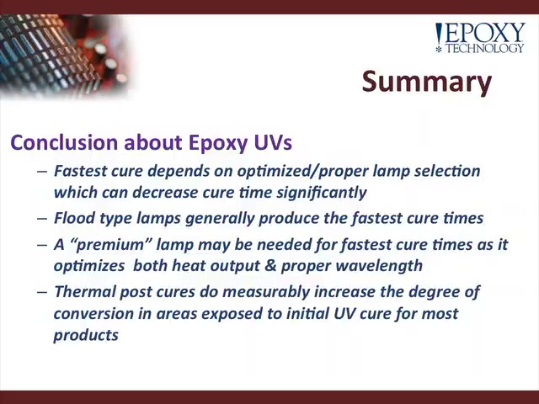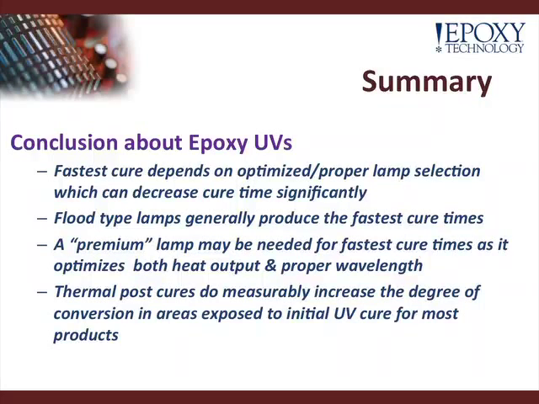On to our conclusions. Jumping back to the UV epoxies, the fastest cures come from the best lamp optimization, so lamps that are tailored to the adhesive that you're using. Better overlap in terms of the lamp spectrum and photoinitiators lead to faster cures and greater quality of cure.